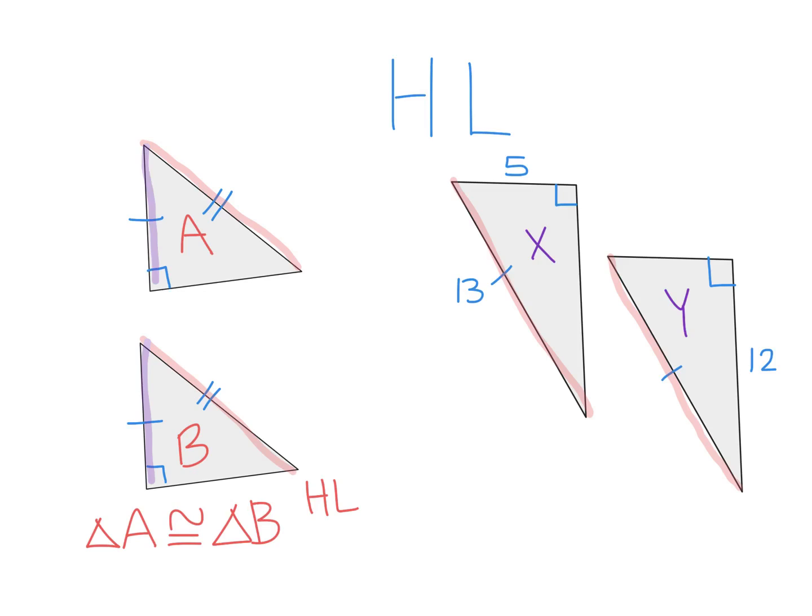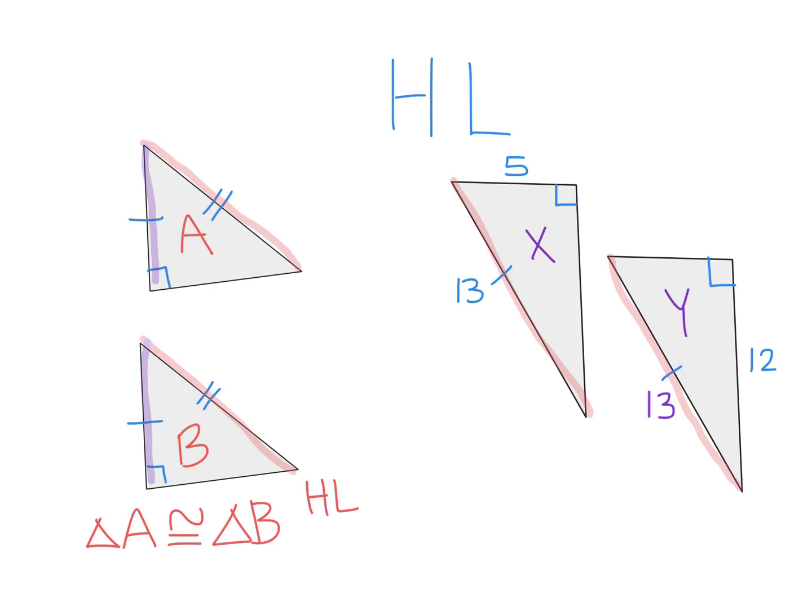For example, I could say that this triangle has a hypotenuse of 13 since it matches up with the other 13. Now, I want you to really pay attention here. On triangle X, I have a side length of 5. On triangle Y, in my picture, I have a side length of 12.